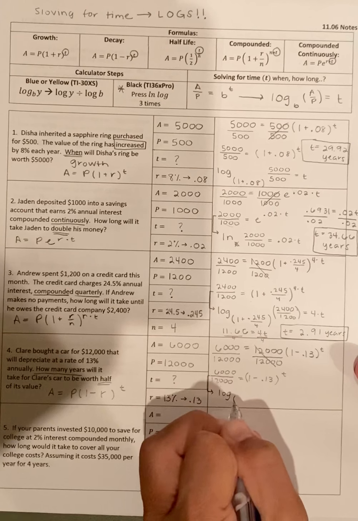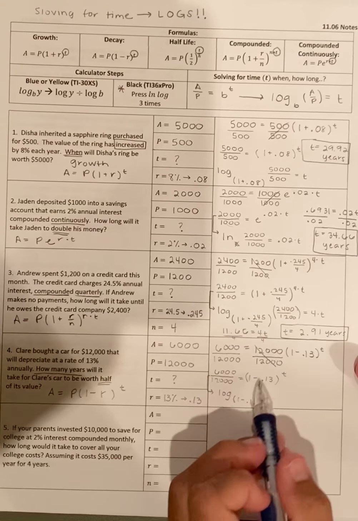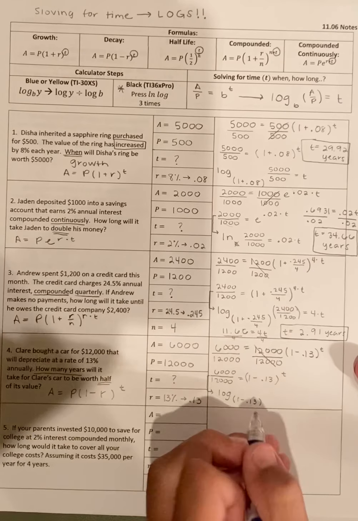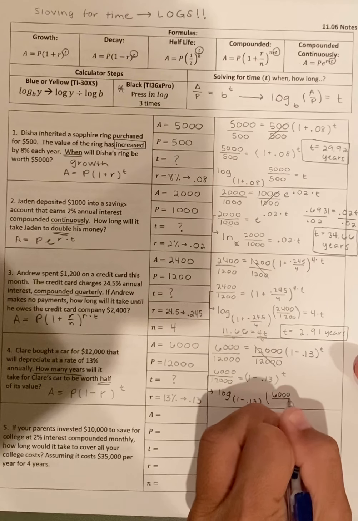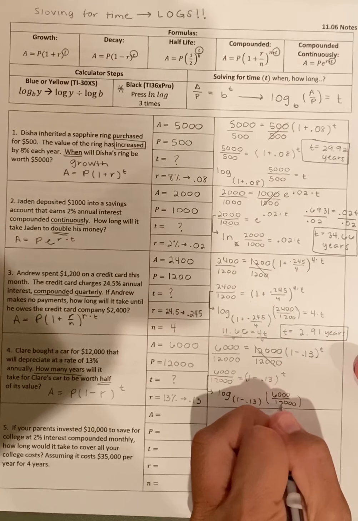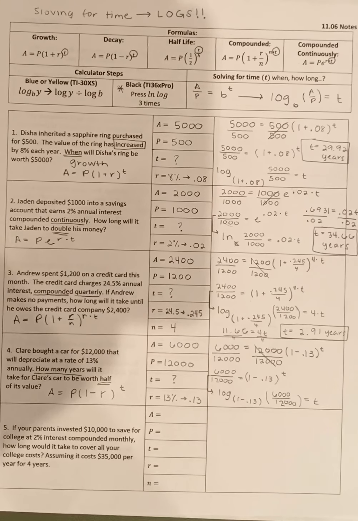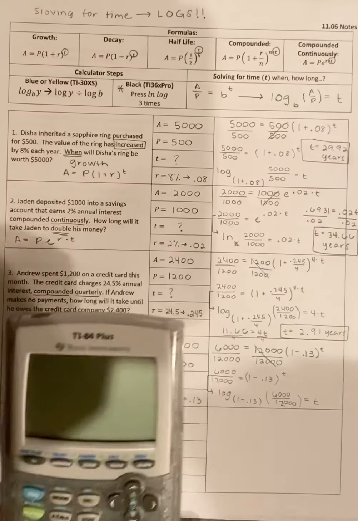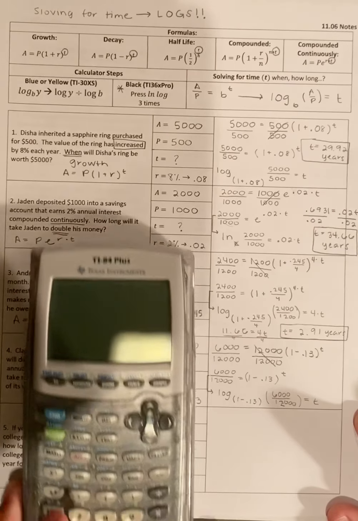Log, the base is 1 minus 0.13. The base is always what's being raised to the exponent. And then the argument, 6,000 over 12,000. And that's going to equal t. So in this case, all I have to do is plug this into my calculator and then I'll get my final answer. So I'll use my graphing calculator this time just so you guys can see, if you don't have the TI-36X Pro, how to do this problem.